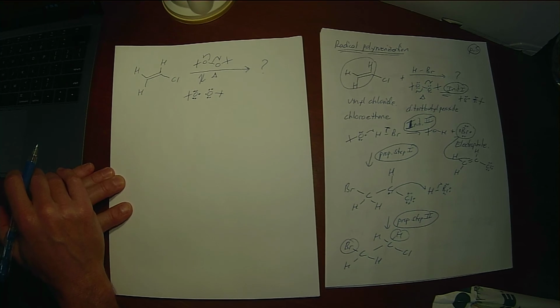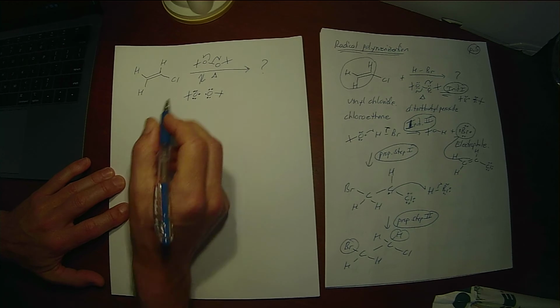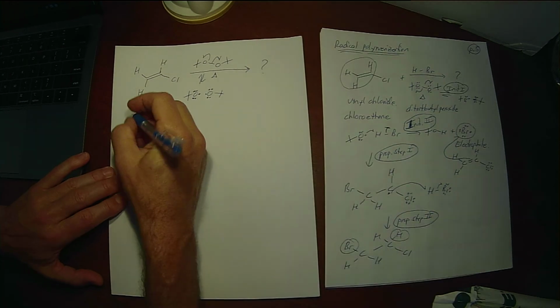What happened in propagation step 1 here? The pi bond could attack the radical? Yep. So there's no bromine radical, but there is the tert-butyl radical.